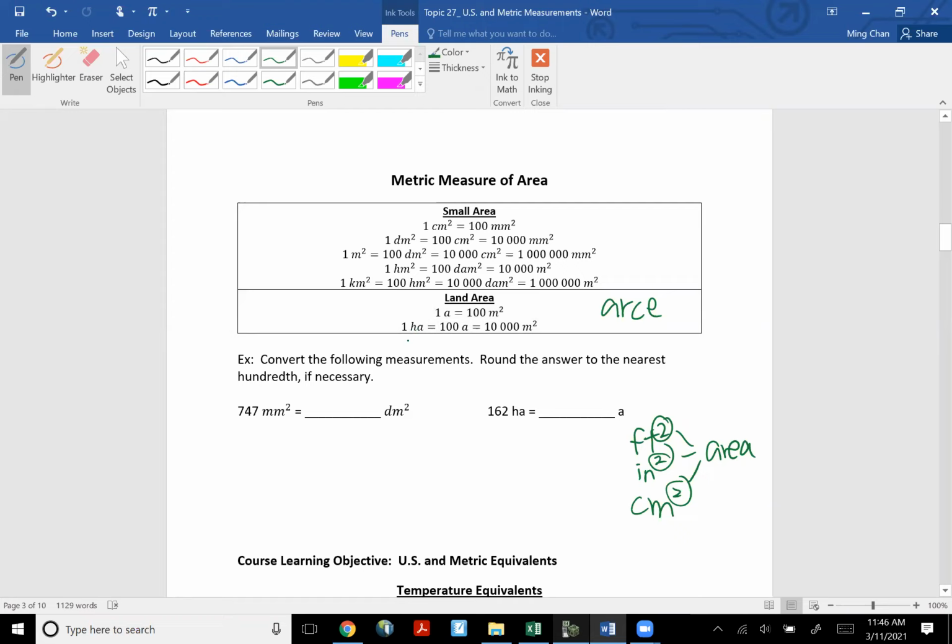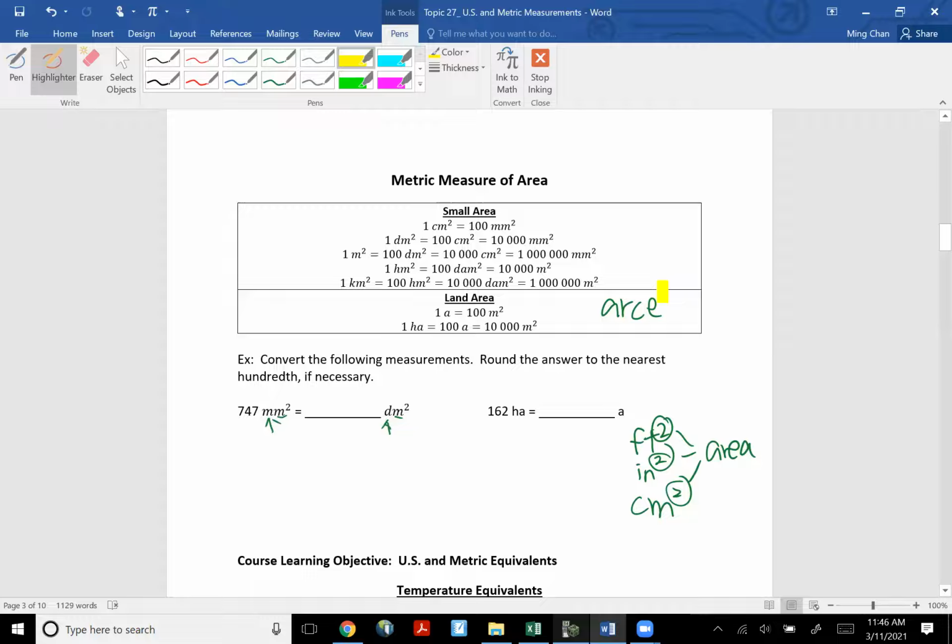So the square right here tells me that I'm converting areas, the meter tells me I'm dealing with metric areas, so milli and deci. Do you see anything between square millimeters versus square decimeters? You just gotta find it inside the chart.